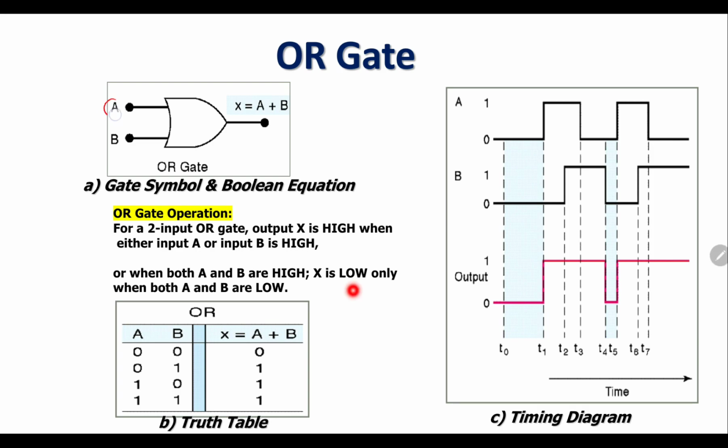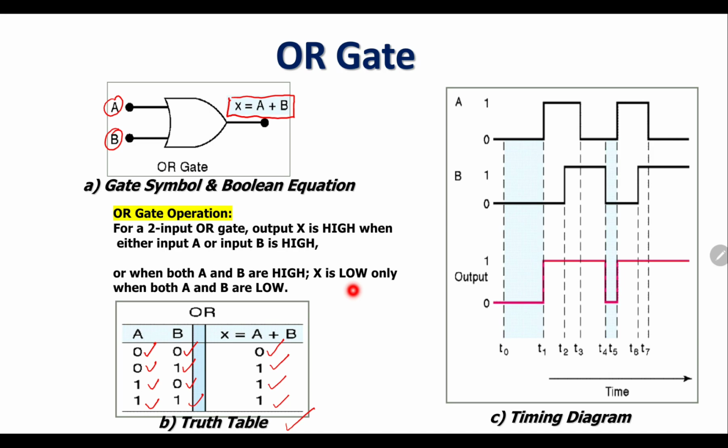If you give the inputs A, B, two-input logic, the output will be A plus B. If you look at the truth table, if the input is A 0, B 0, 0 plus 0 is 0, 0 plus 1 is 1, 1 plus 0 is 1, 1 plus 1 is 1.